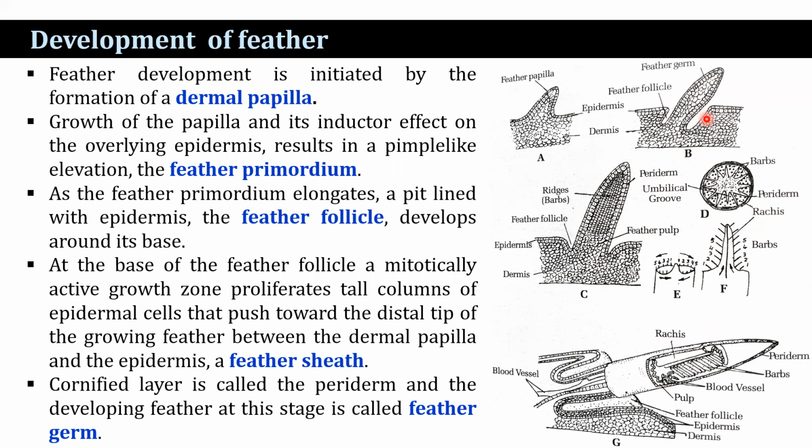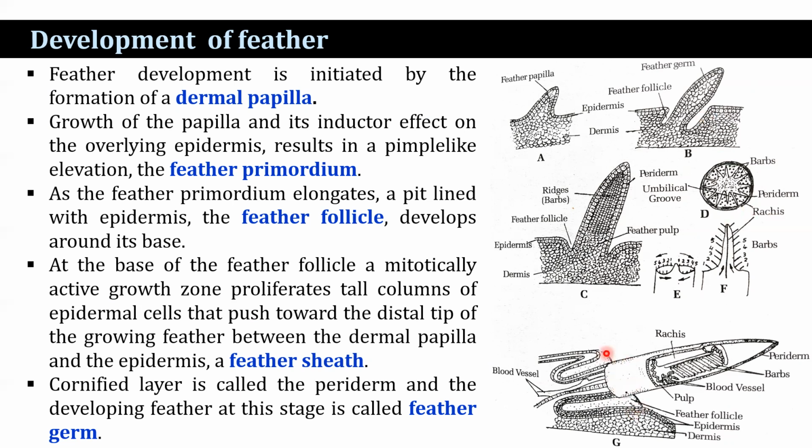The dermal papilla becomes vascularized and thereafter it is the source of nutrients and oxygen for the developing feather. Similarly, it is the collecting site for metabolic waste. As the feather primordium elongates, a pit lined with epidermis, the feather follicle, develops at the base.